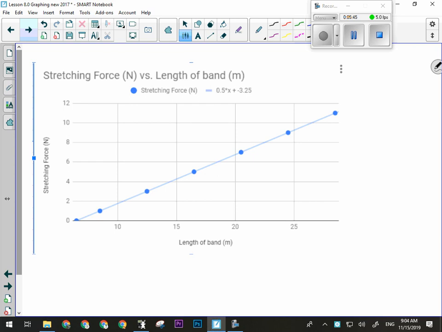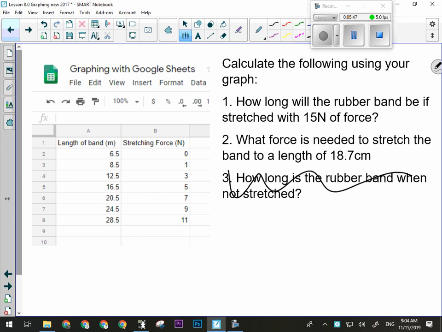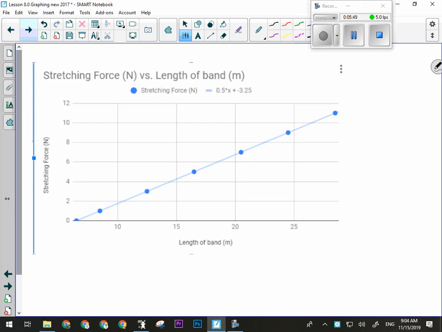They gave us a y value, 15 newtons. So we're going to plug that in for y and solve for x. So x will equal (y minus b) over m. That'll be (15 newtons minus negative 3.25) divided by 0.5.